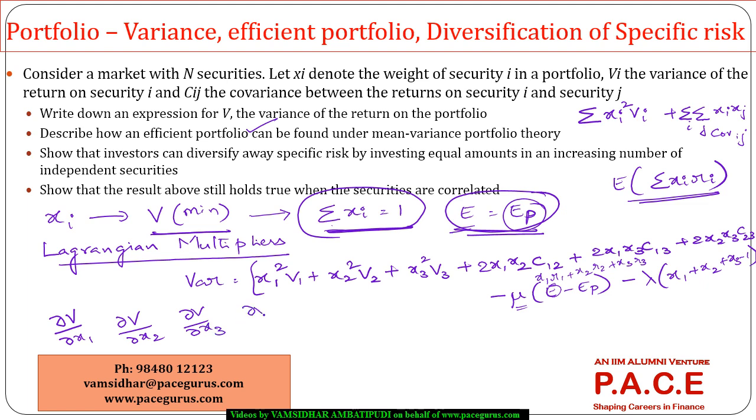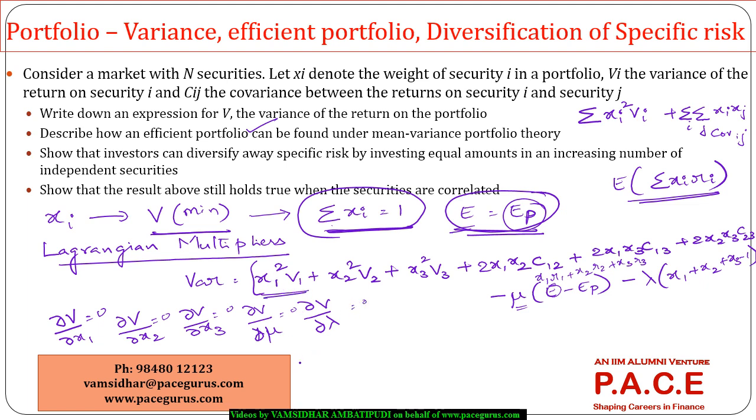Similarly, I'll take dou v by dou mu, and I'll also take the derivative with respect to lambda. These are the various derivatives that I'm going to take and equate all of them to 0.